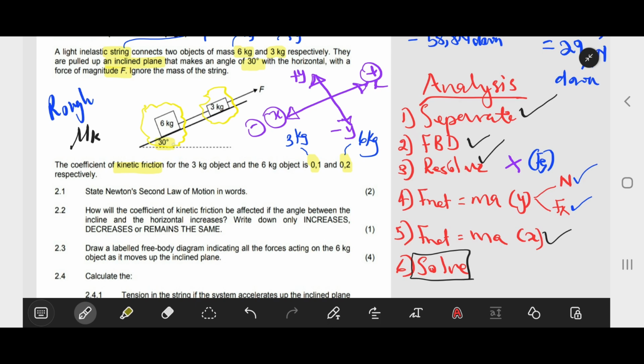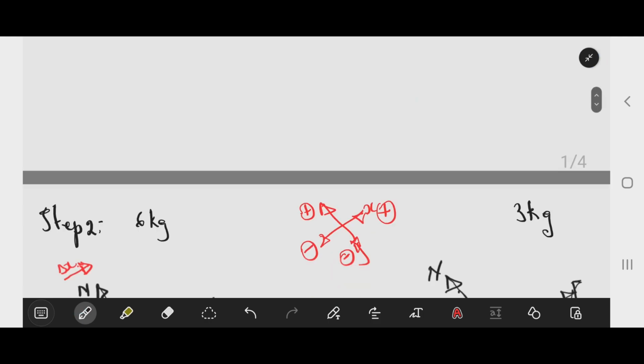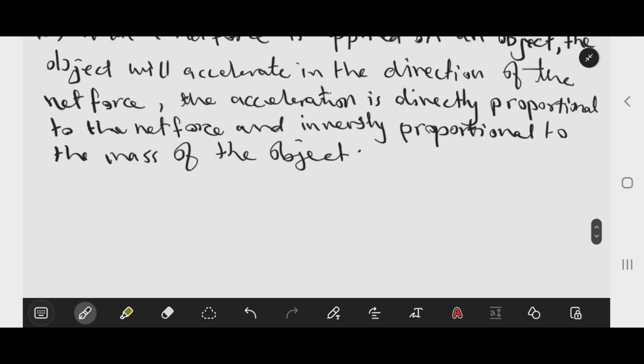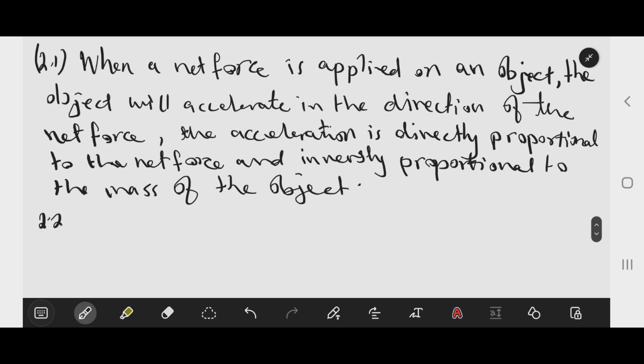Even if you increase the angle of inclination, the coefficient will remain the same because it is still the same surface and the same material. So the coefficient will remain the same. So 2.2, it will remain the same because that is a surface property and it does not depend on that angle.